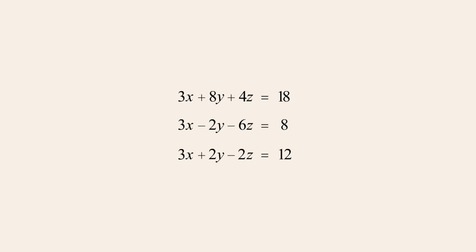When solving a system of equations using the elimination method, we typically start by eliminating one of the variables. So let's say we choose to eliminate x. To eliminate the variable, we pick a pair of equations to add, first multiplying one or both equations by a constant if necessary to make the sum of the x terms 0.